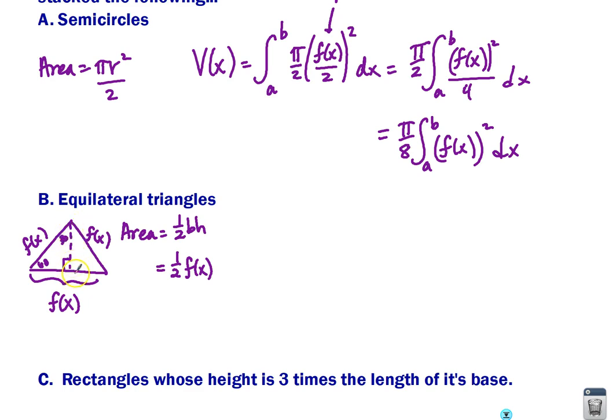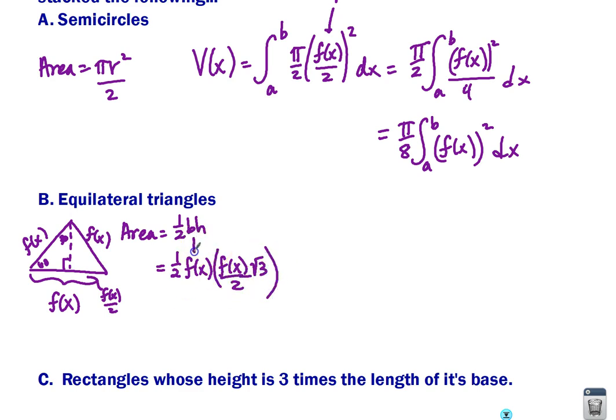We know that this little piece right here is f of x over 2. It's half of the base. Since this side length is opposite the 60-degree angle, it is always the shortest side times √3. So the height is going to be f of x over 2 times √3.